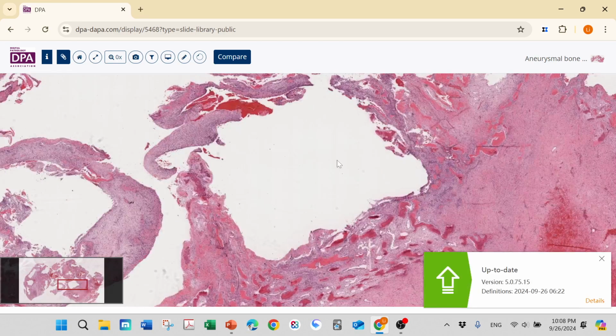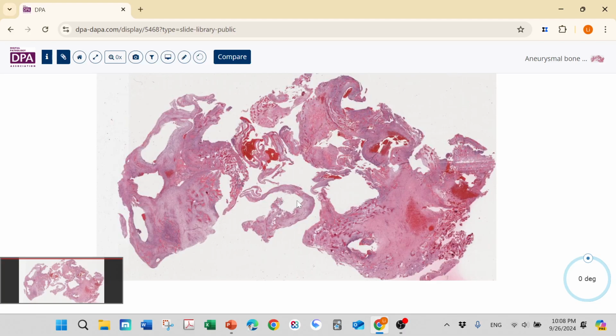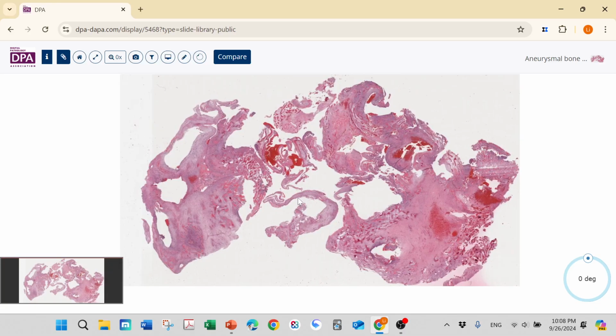So this is characteristic. Going back to low power, we just do a quick recap. The aneurysmal bone cyst you should find in the metaphysis of a younger age group. We have this multiloculated pseudocyst area in low power. We can find some giant cell tumor-like area, but just really focal. And in this pseudocyst area, we can find this cyst wall.